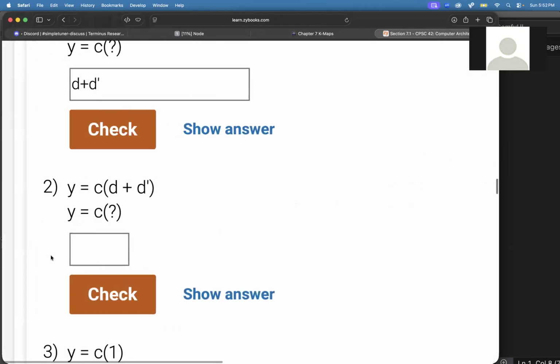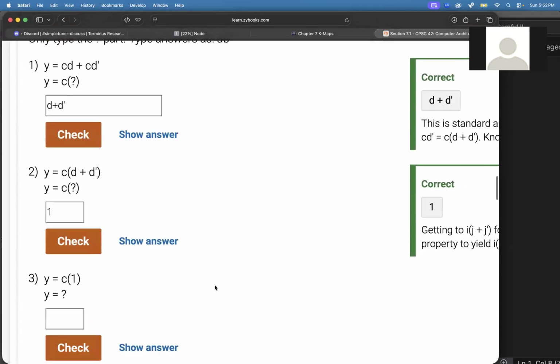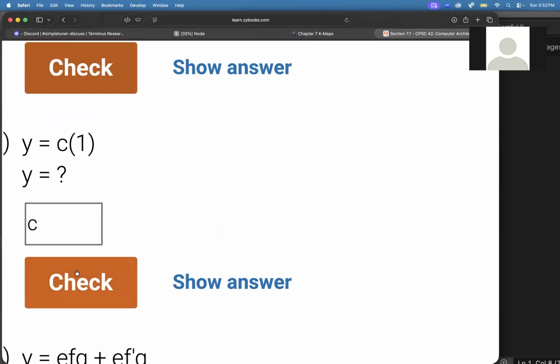And then if you did that, C times D or not D, what would D plus not D simplify to? Should simplify to 1. And then if you had C times 1, so that's C and 1, that should just simplify to C.